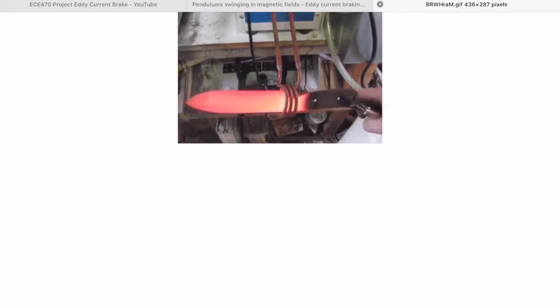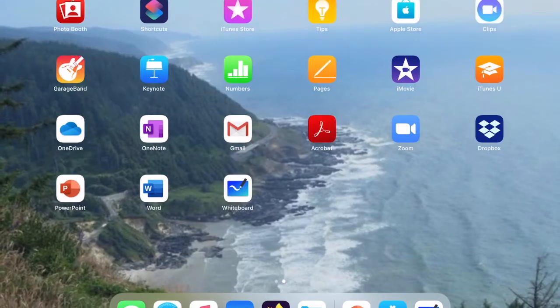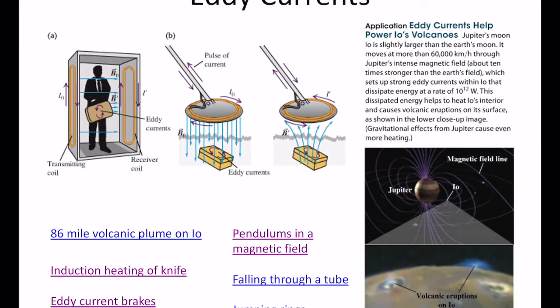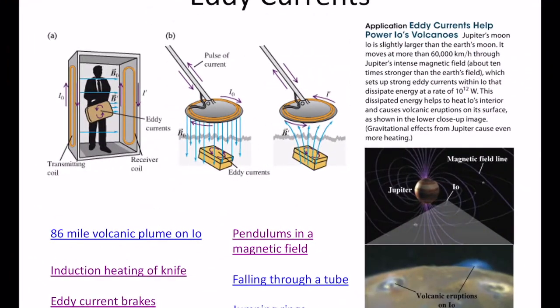All right, let's look at another example. There is an example that's very similar to what we just discussed. So let's quickly go back to, actually I can just show you this figure.